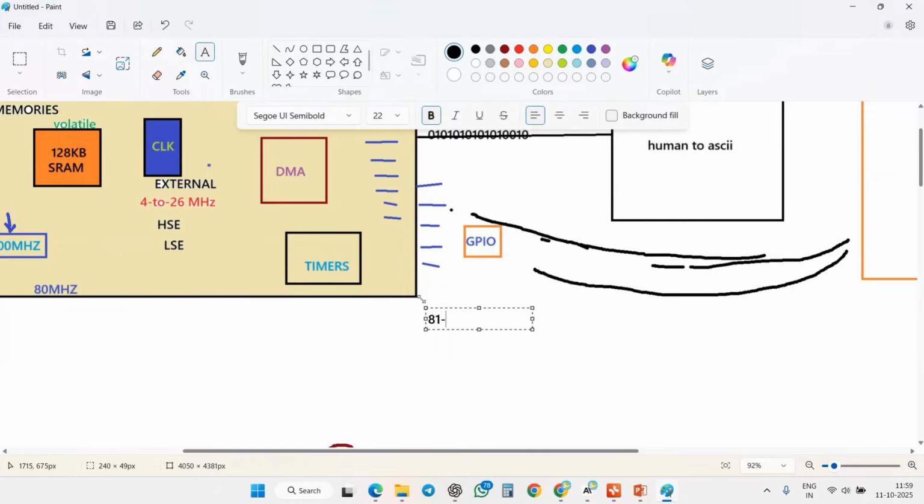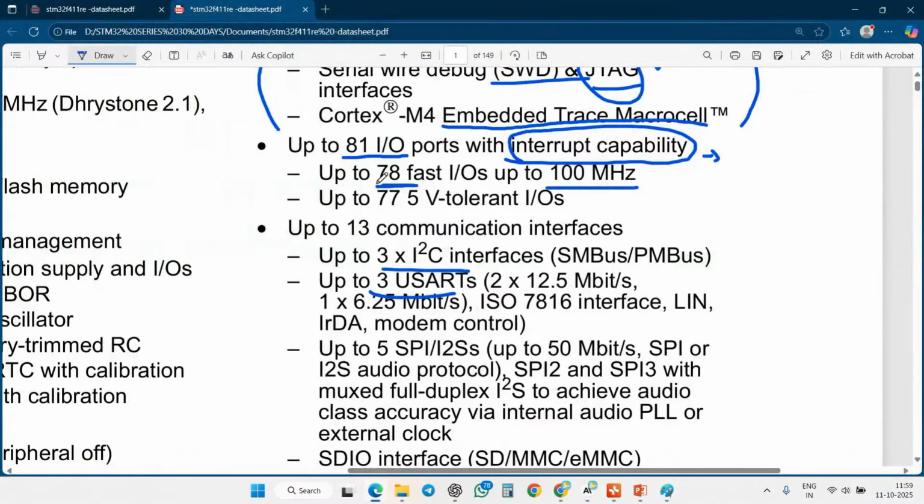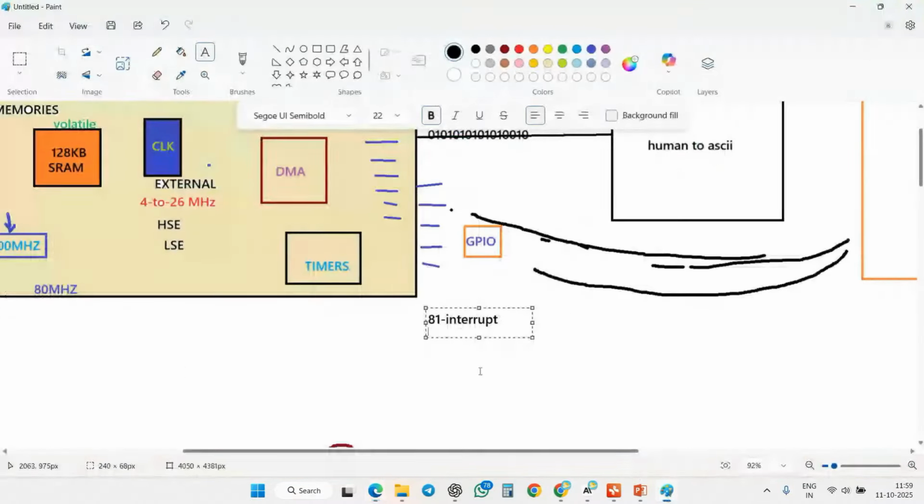Interrupt means that while some function is happening, you can interrupt it with an external event. That is the 81 pins. And another 78 are the fast pins, for fast communication. These 78 pins can work at 700 megahertz, so fast data communication happens.